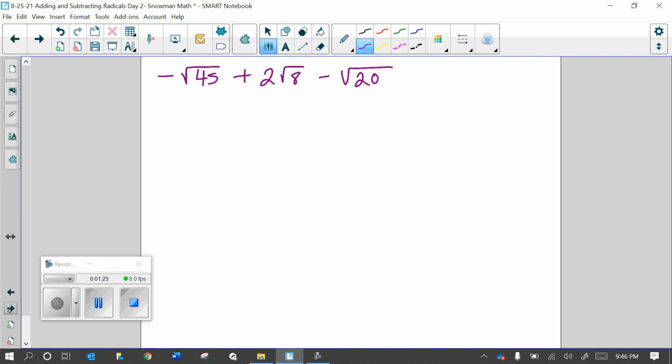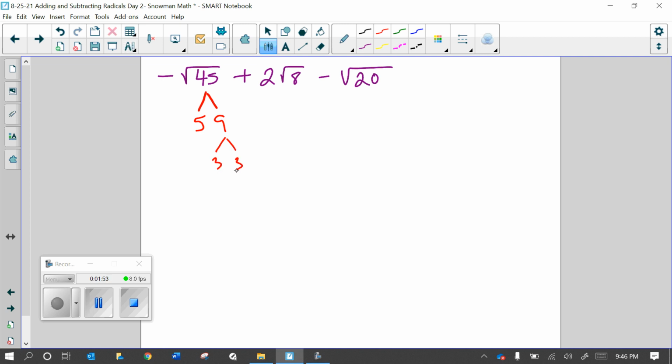Okay, so this is number 1. So we're going to break down, we're going to simplify, and then we're going to combine because none of these will combine right now. First thing you need to do is break down square root 45 like you always would. So what multiplies to give me 45? That's 5 and 9. And then 9 breaks down to be 3 times 3.